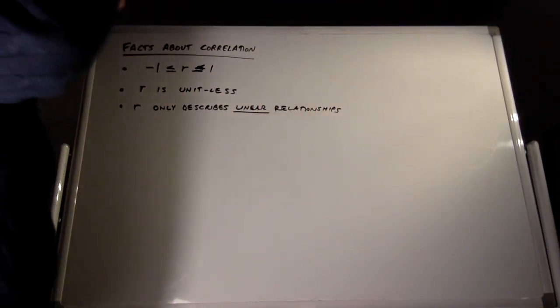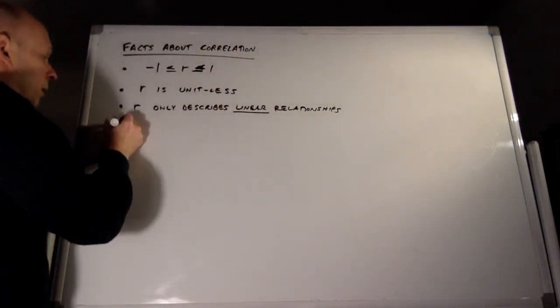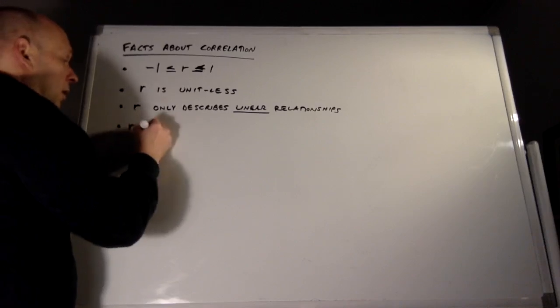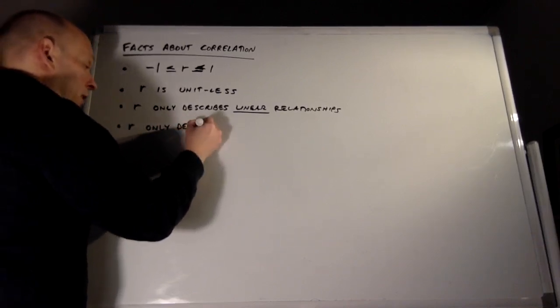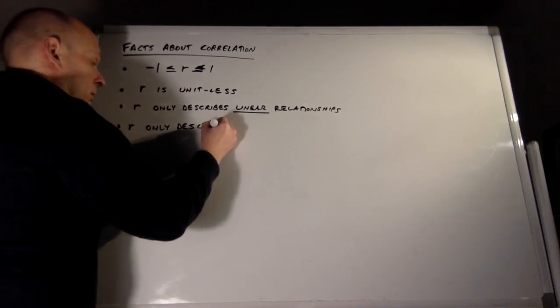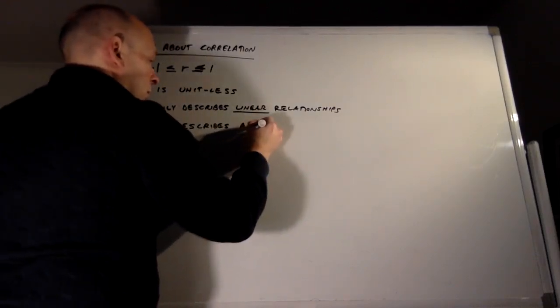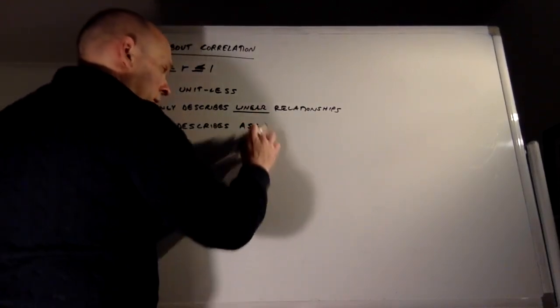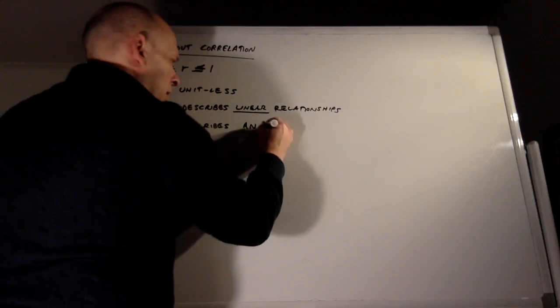Other facts about R. Let's see. Oh, this is a good one. R only describes an association between quantitative variables. Only describes an association. That's better, I think.